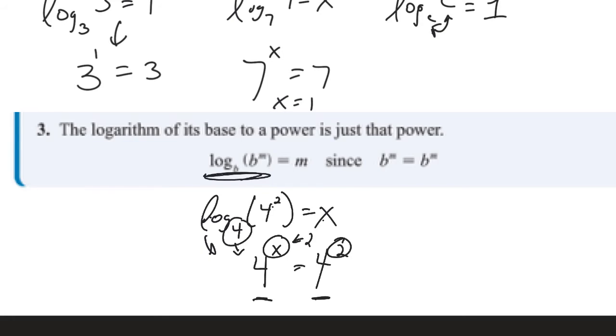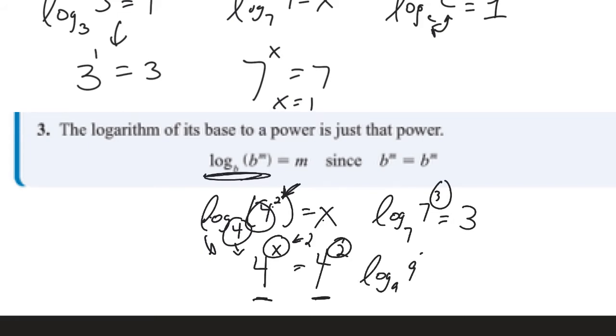If these two match and you have an exponent here, then the result of the whole thing must be that exponent. So log base 7 of 7 cubed is whatever is up here in the exponent spot. If I have log base 9 of 9 to the 5th power, the result is going to be 5. As long as these two things match, the result is going to be the exponent.